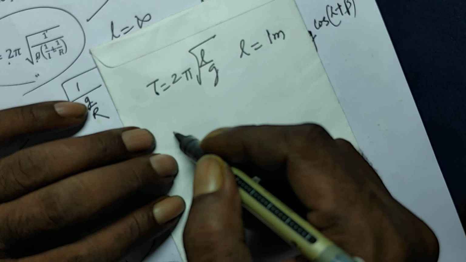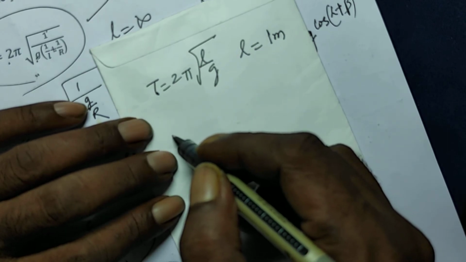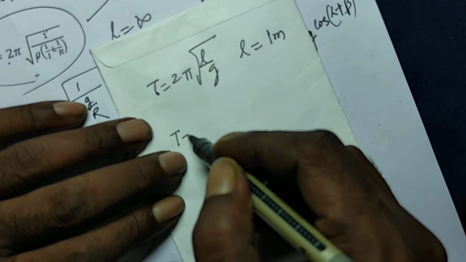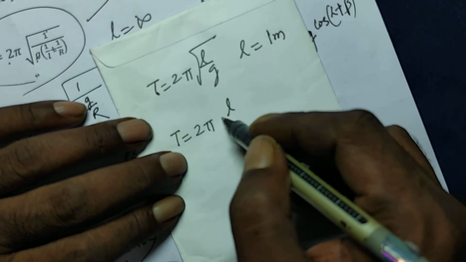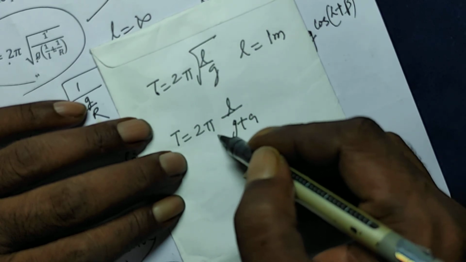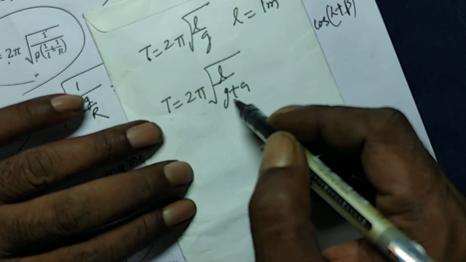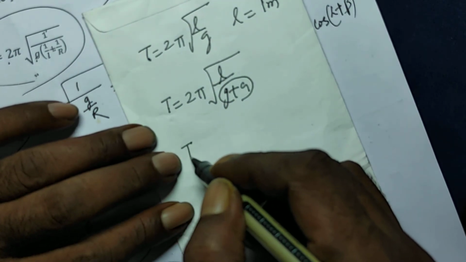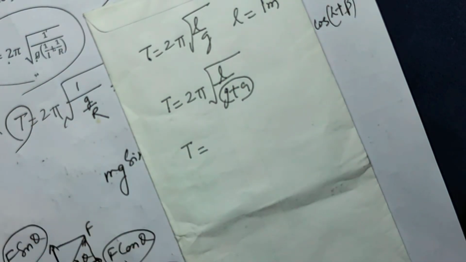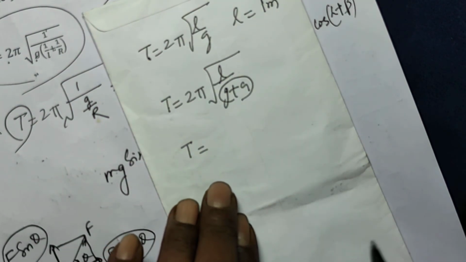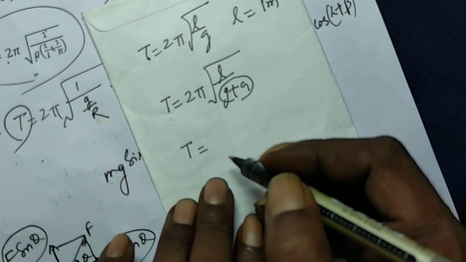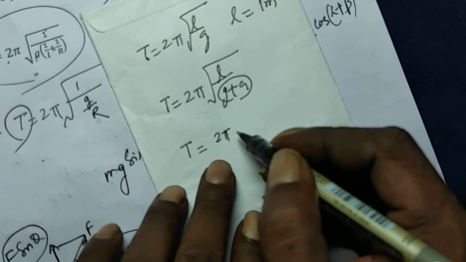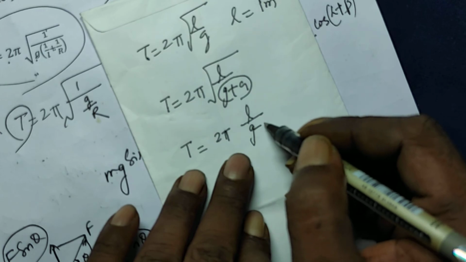And you must have done before the time period of a pendulum in a lift moving vertically upward with acceleration a: T is equal to 2π times the square root of L over (g plus a). That is, the denominator increases, therefore the time period decreases. Similarly, you must have done the time period of a pendulum inside a lift which is falling down with acceleration a: T is equal to 2π times the square root of L over (g minus a).